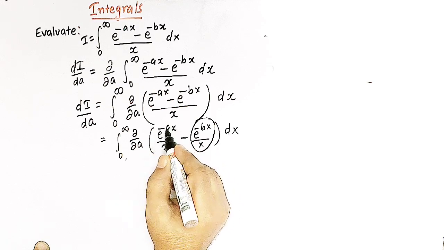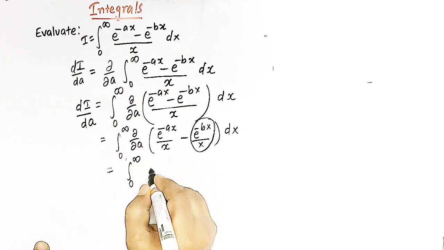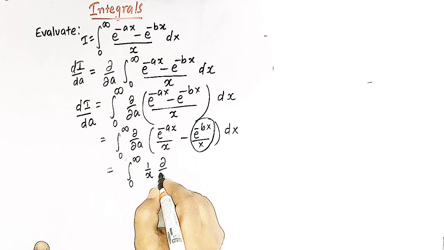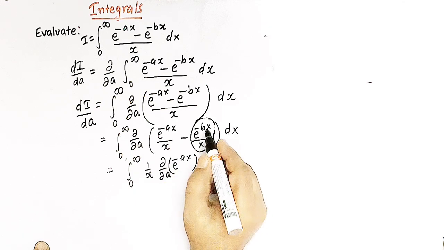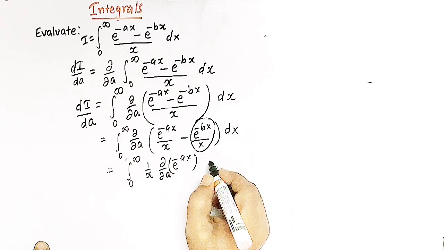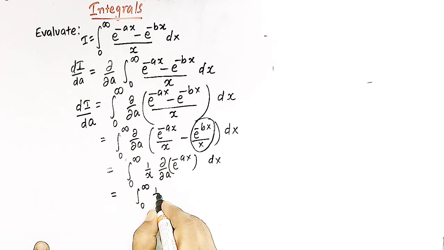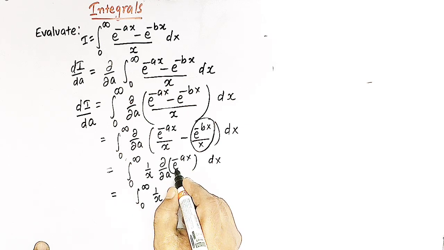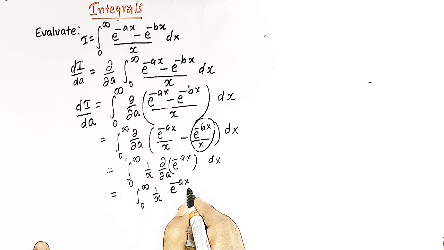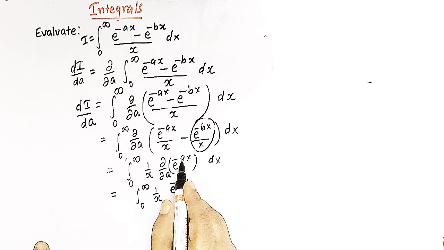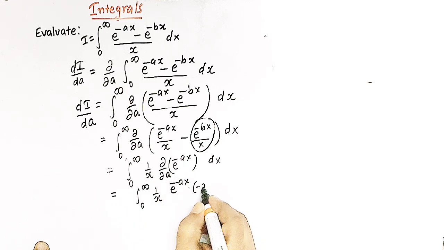And here we have e raised to minus ax, so we can now write the integral from 0 to infinity of 1 over x times del over del a of e raised to minus ax, and the partial derivative of the other term is 0, dx. So now we have 1 over x, and the derivative of e raised to minus ax is e raised to minus ax, and then by chain rule we have to differentiate minus ax with respect to a, that is minus x.